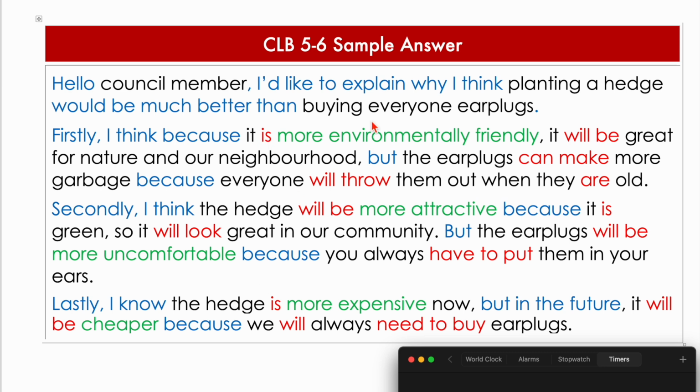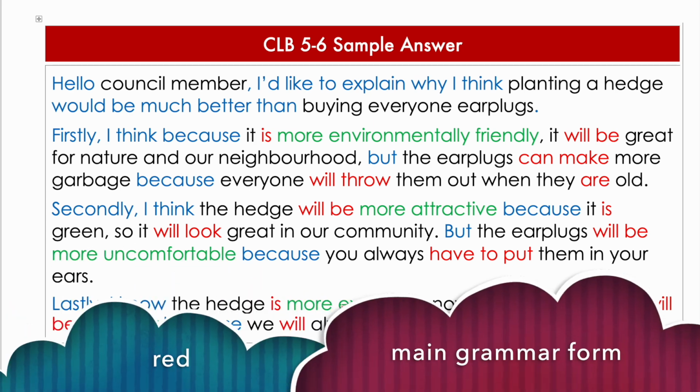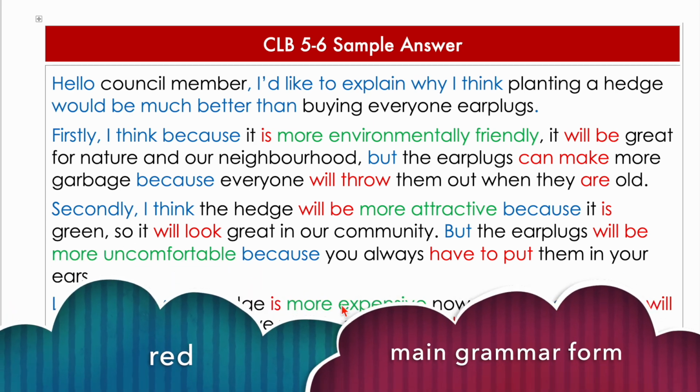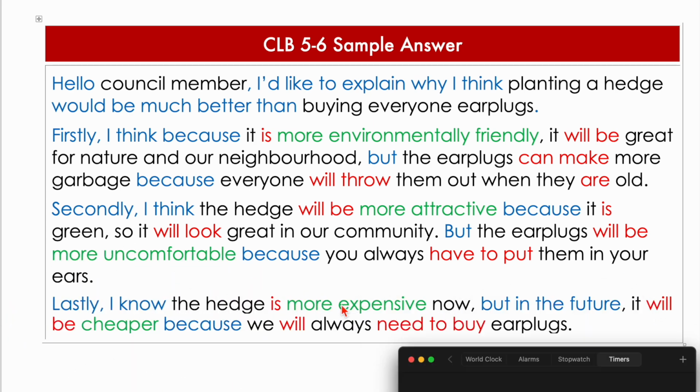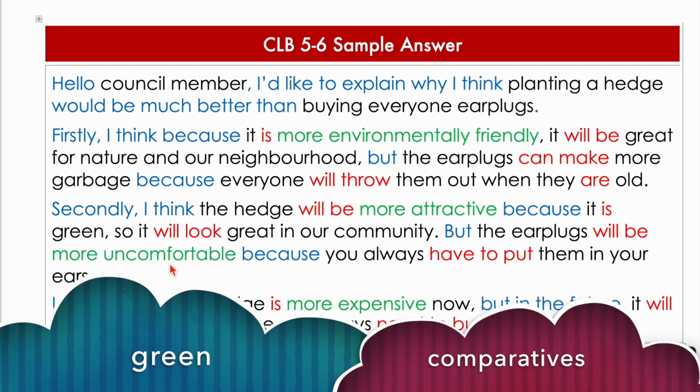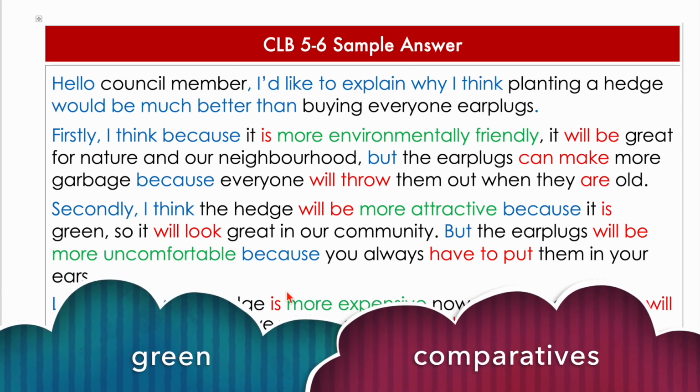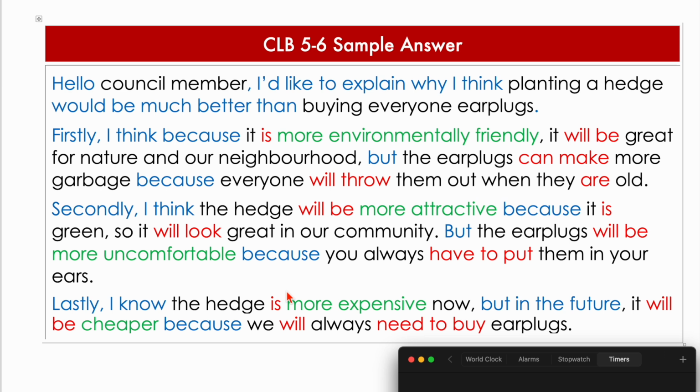Now, the red here is the main grammar point for each sentence. So, practice that. Now, in here, I also have green to show the comparative language, how we are comparing, also important. And lastly, of course, everything else is black, okay? Just parts of the sentence, the words, the nouns.